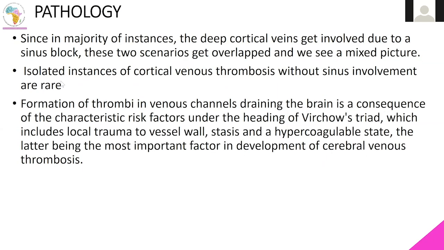Since in the majority of instances the deep cortical veins get involved due to a sinus block, these two scenarios overlap and we see a mixed picture. Isolated instances of cortical venous thrombosis without sinus involvement are rare.